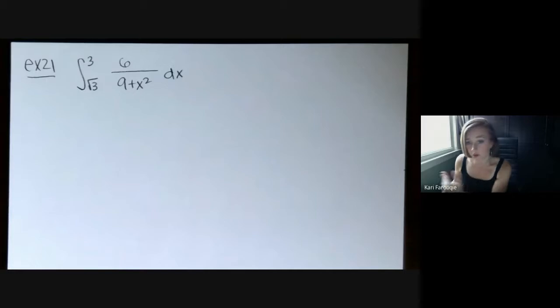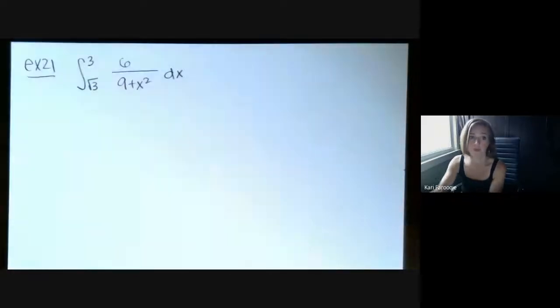Okay, now again, if you wanted to try a u substitution here, you'd probably try to let the denominator be u, but then you'd get du equals 2x dx, and you don't have an x up here. So that wouldn't work for you.